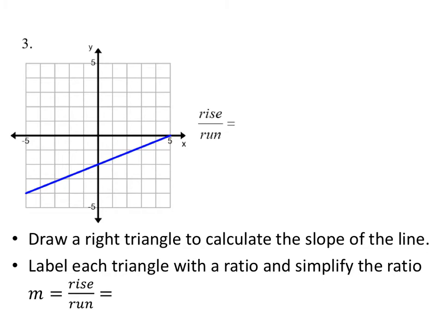We want to use definable values like this one here at 0, negative 2, and maybe this one right here at negative 5, negative 4. Again, we want those values in the ordered pair to be whole values or integer values like we have on this one. So my triangle would look like this, which shows that it goes up 2 and then to the right 5, and that is fully simplified as a slope.